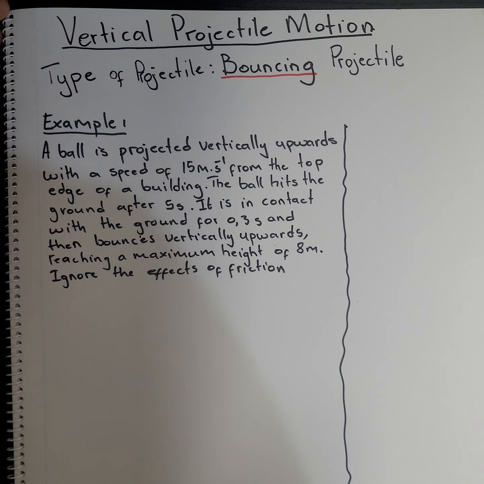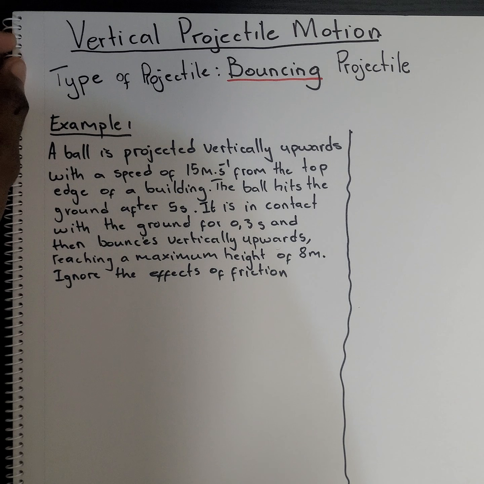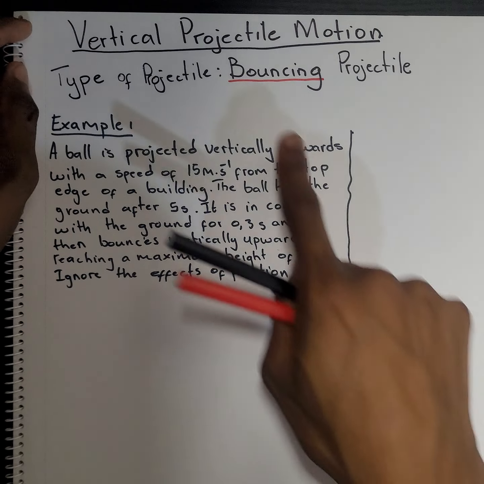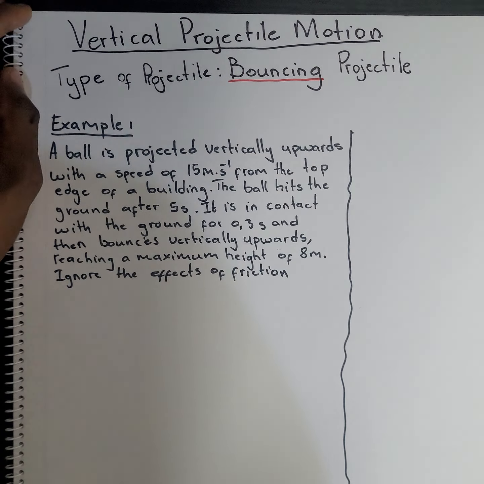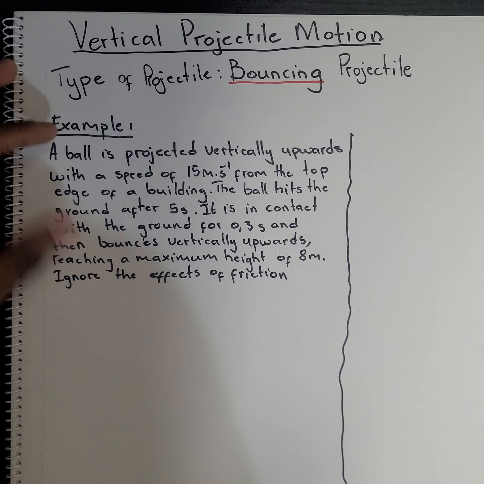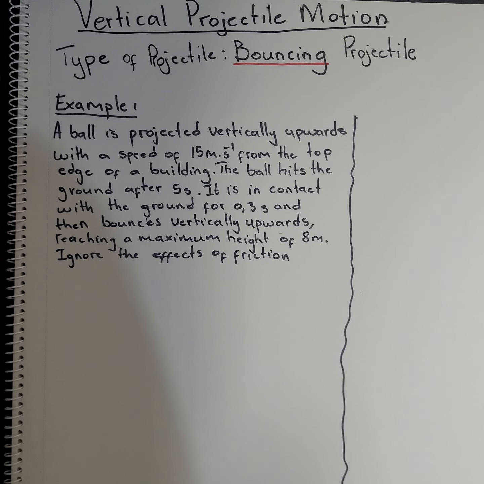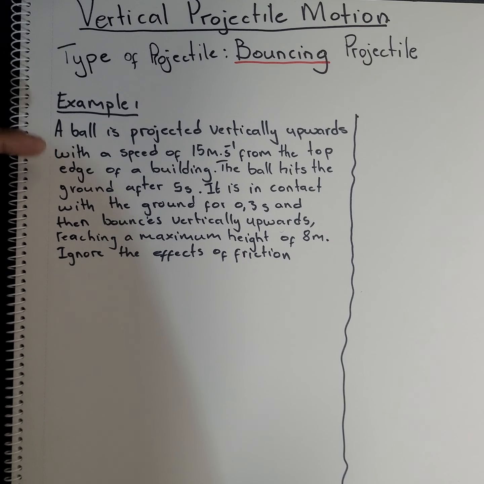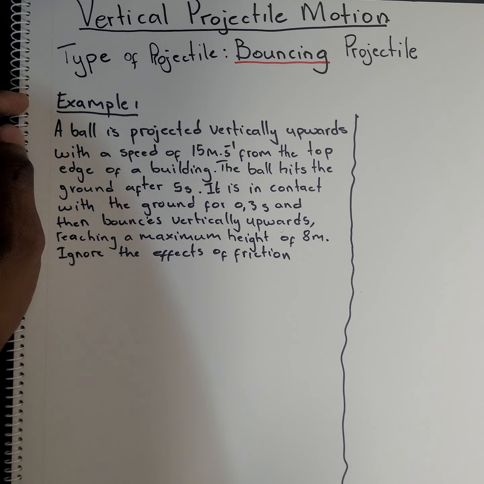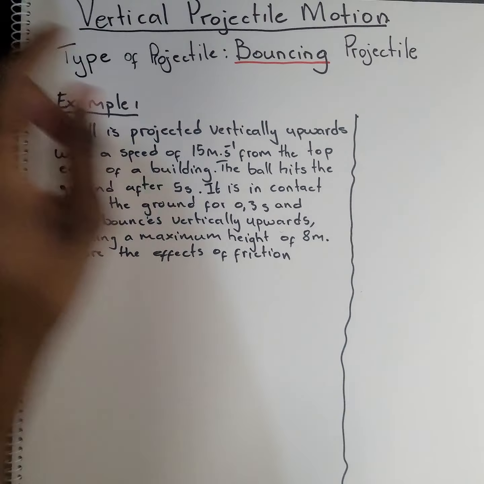We are back again with vertical projectile motion, and in this lesson we are going to focus on the type of projectile that is bouncy. We'll take a look at this example that is given to us, and through this example we are going to look at the ways in which we can approach this type of projectile problem, where we now have a bouncing projectile.